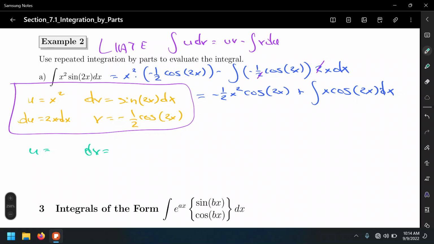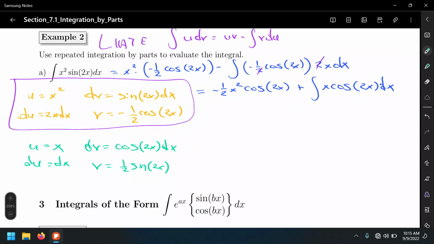Any algebraic? X, right? And dv will be the remaining cosine 2x dx. So du equals dx, and v equals 1/2 sine 2x, because the integral of cosine is positive sine, but times that factor of 2, we divide by that.